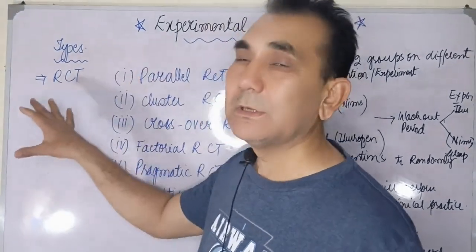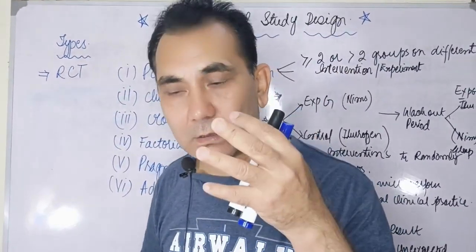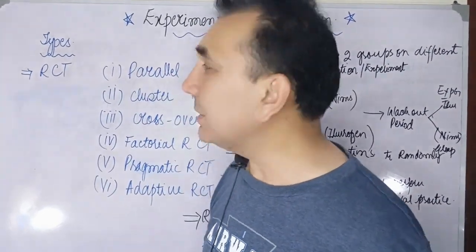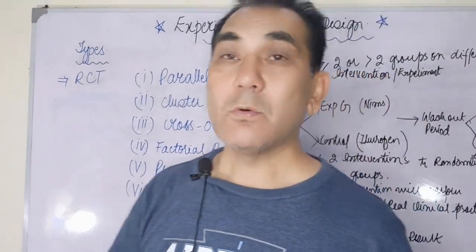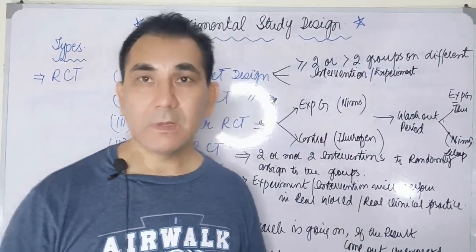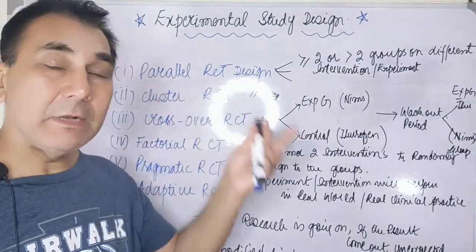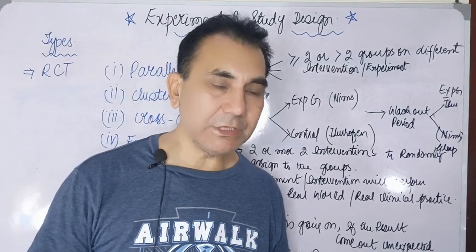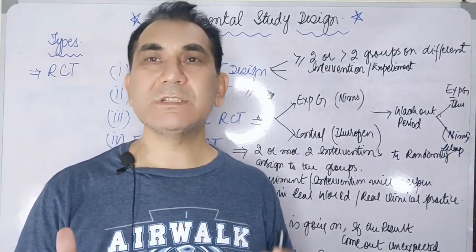We learned that the experimental study design has three types: the RCT, quasi-experimental, and the community trial. Then we learned the RCT has some five to six key features.